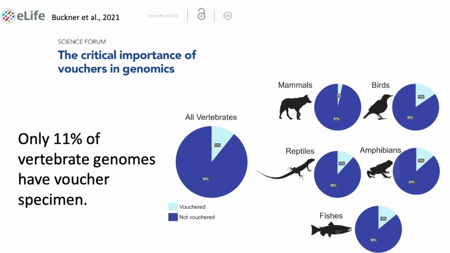And they took the case of vertebrates, and they show that only 11% of vertebrate genomes actually had a voucher specimen. And you might think, vertebrates, we know all of them. It's not that complicated. It actually is.